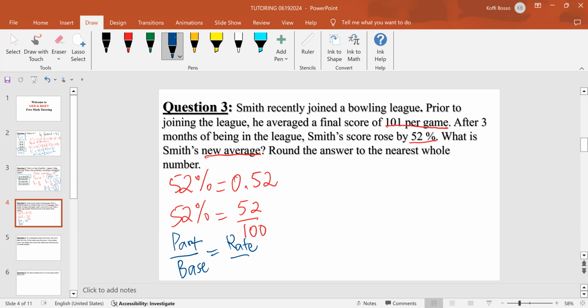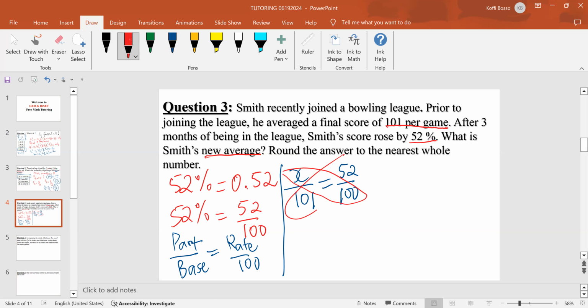We know the rate is 52 over 100. In that case, it has to be x over 101 is equal to 52 over 100. You cross multiply, which is to say that x is equal to 101 multiplied by 52 over 100.